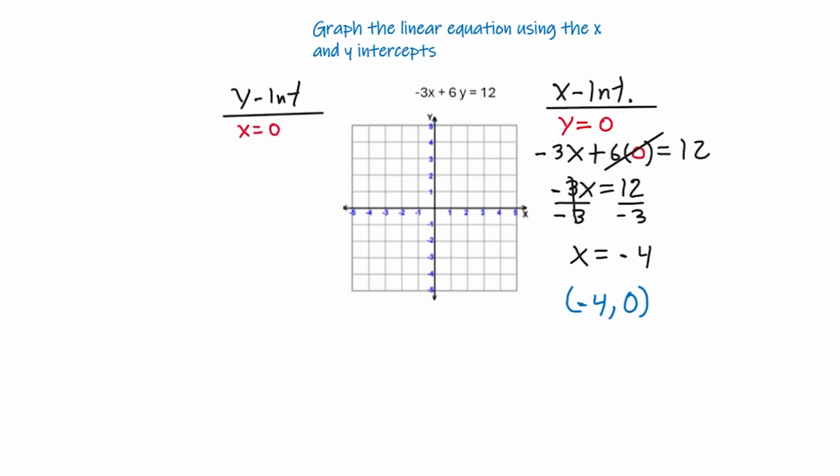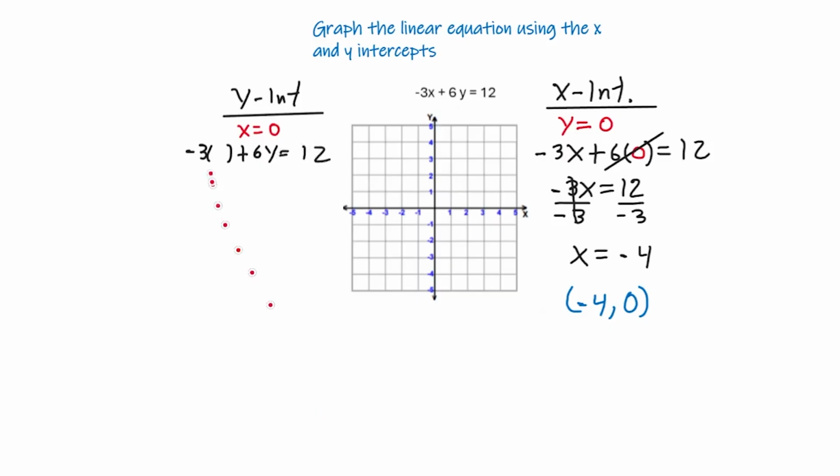Okay. Now, if x equals 0, I'm gonna replace it into the same equation. So I'm gonna rewrite it this way. I'm gonna write -3 times parentheses, 0, and then keep rewriting 6y, all of that equals 12.